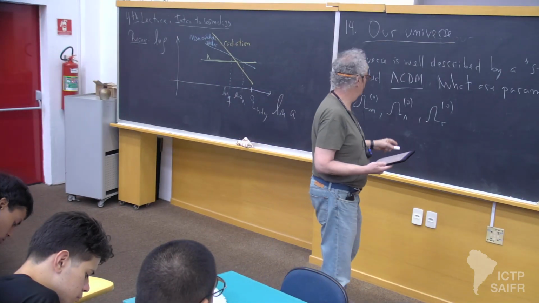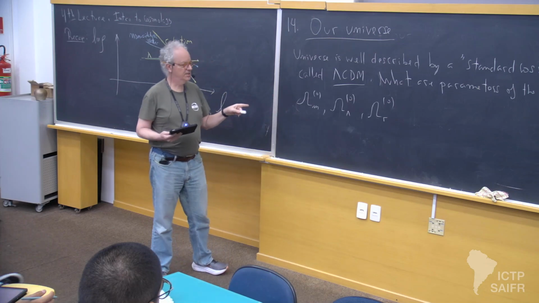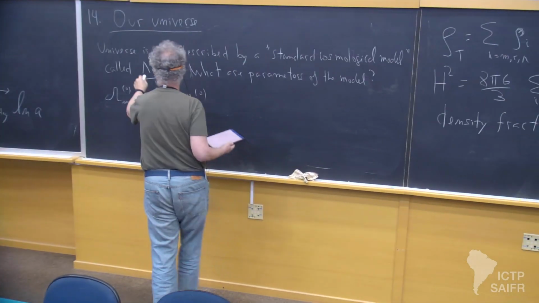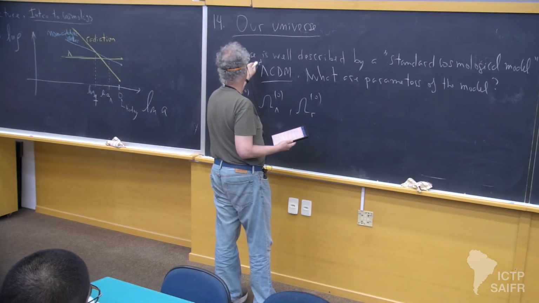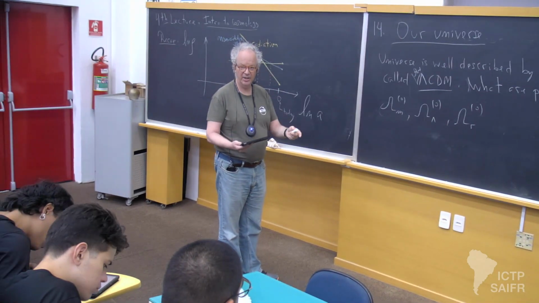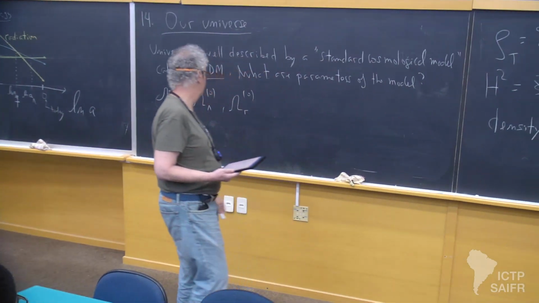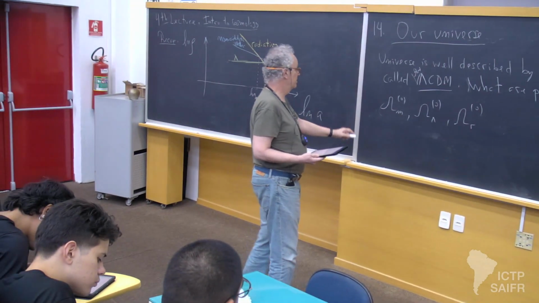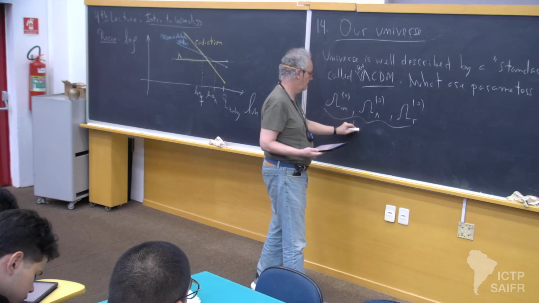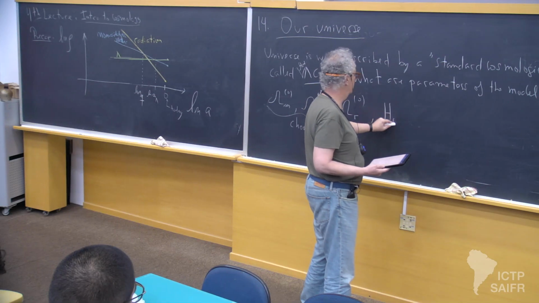Now, these three are not independent, because the standard model is actually a spatially flat Lambda CDM. Of course, you can add curvature and check whether or not curvature is small, and that has been done. So these are not independent. From these, you choose two. And then the expansion rate today.